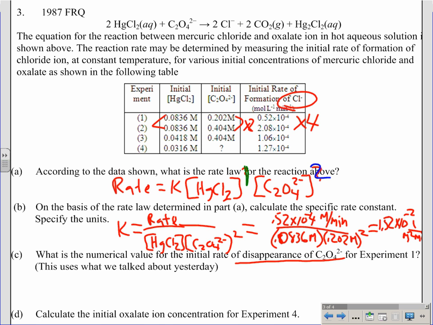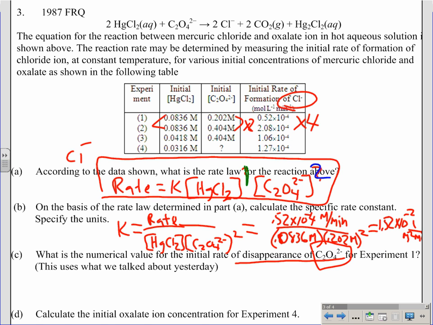Now my problem is, if I use this rate law expression, my data pretty much locks me into the fact that I'm going to be using it for Cl minus. So what I need to recognize here is this asked about something that was not Cl minus, C2O4 2 minus, and how it disappeared. So I'm going to use my rate equation, but remember that's going to give me data with respect to Cl minus.